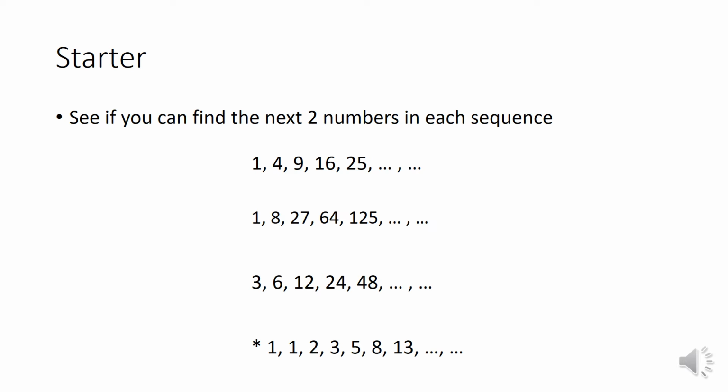Okay, so I'm going to go through these starter questions and we'll see the rule. Getting through this first one, we've got 1, 4, 9, 16, 25. There's two different ways we could do this. You could treat it as a quadratic sequence.